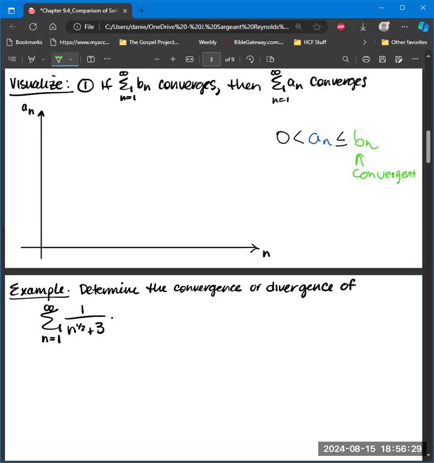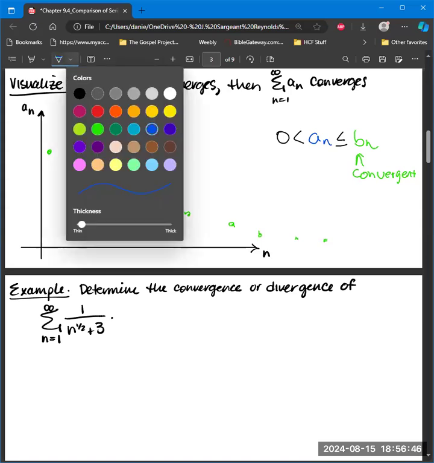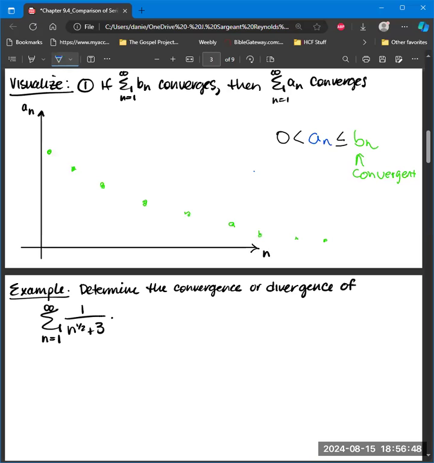Then we have something that looks like this, going maybe closer and closer to 0 down here. Then this is going to stay below that, not necessarily by a fixed amount, but maybe getting smaller even quicker.